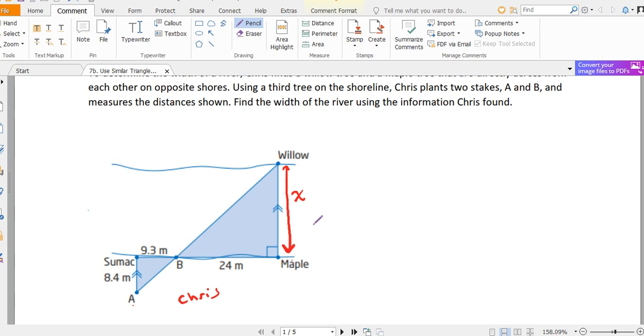Well, first off, let's check if these are similar triangles. So, I can see here, let's call this S for sumac, angle ASB is equal to angle WMB. They are both 90 degrees.